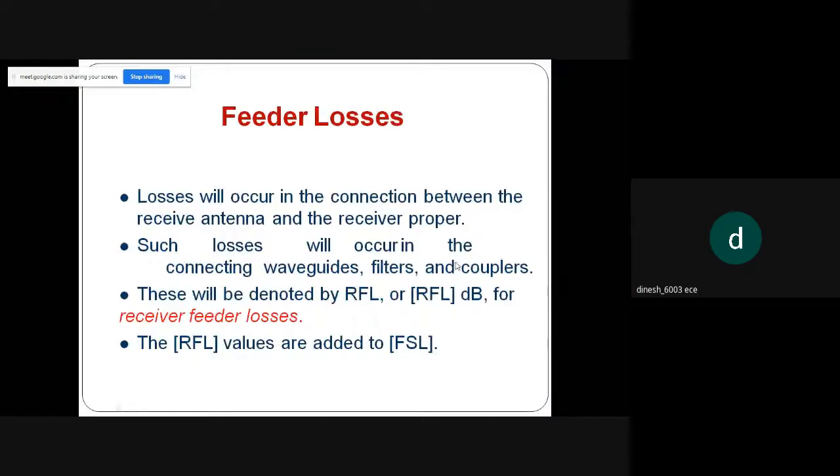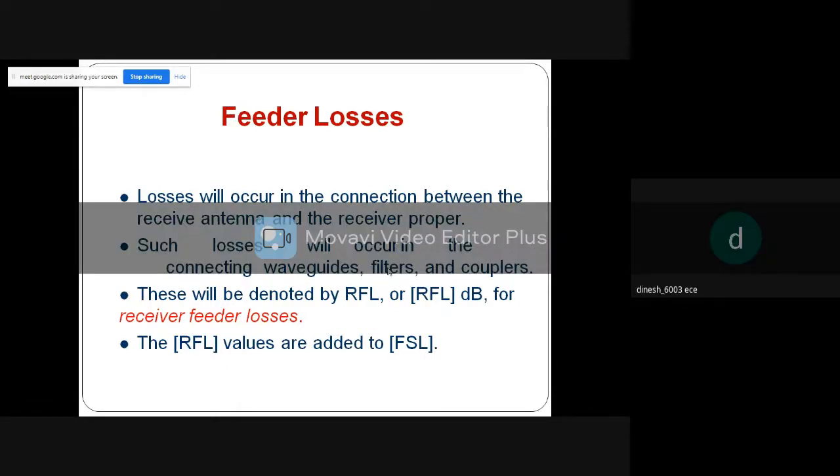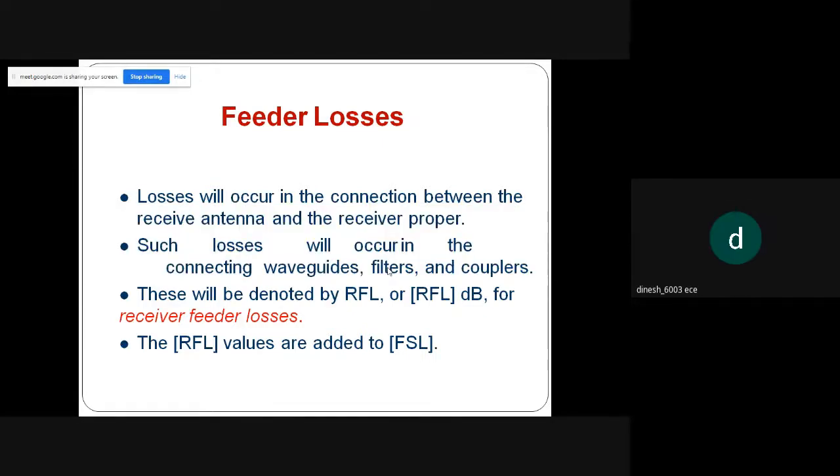So next parameter is feeder loss. This feeder loss will occur in the connection between the receiving antenna and the receiver segment.